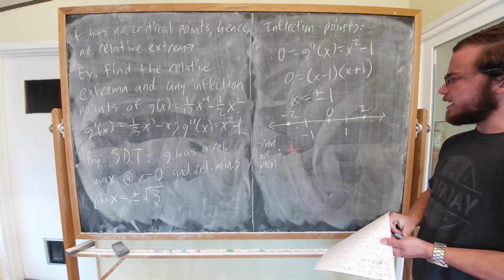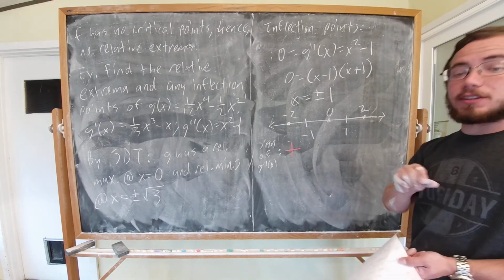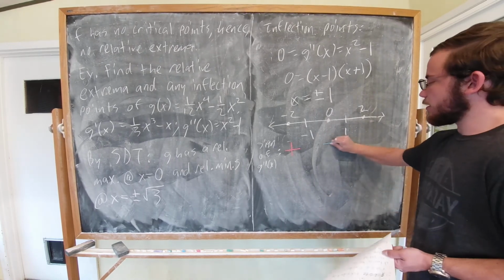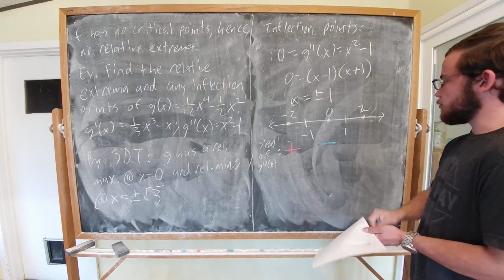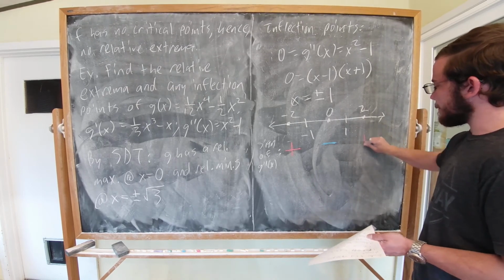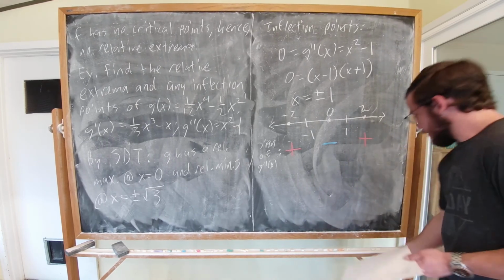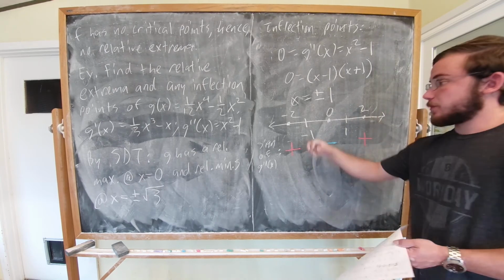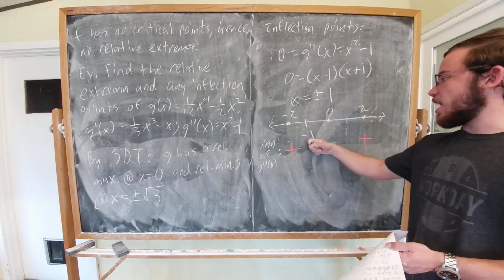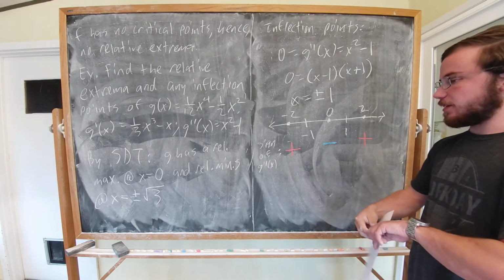If you plugged in 0, you get 0 minus 1, negative. Plugged in 2, you get 3, which is positive. So we see that g double prime changes sign at both negative 1 and 1.